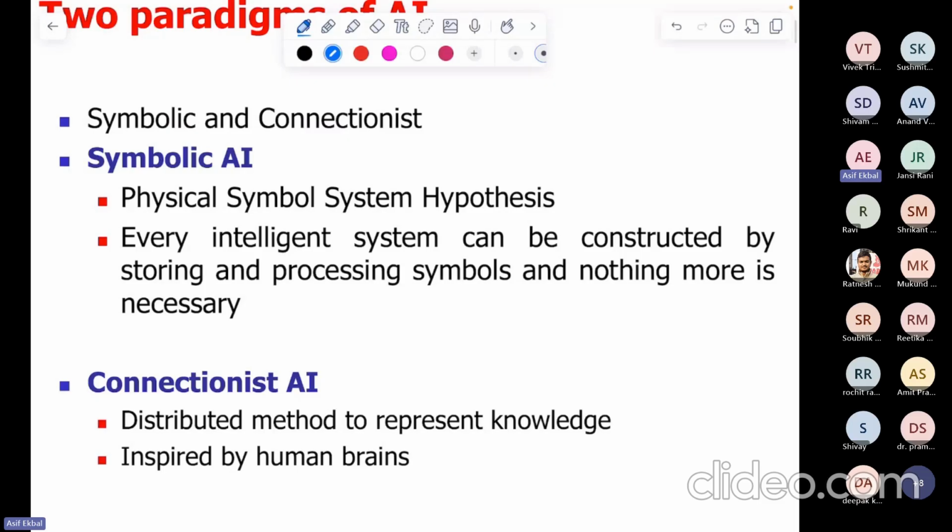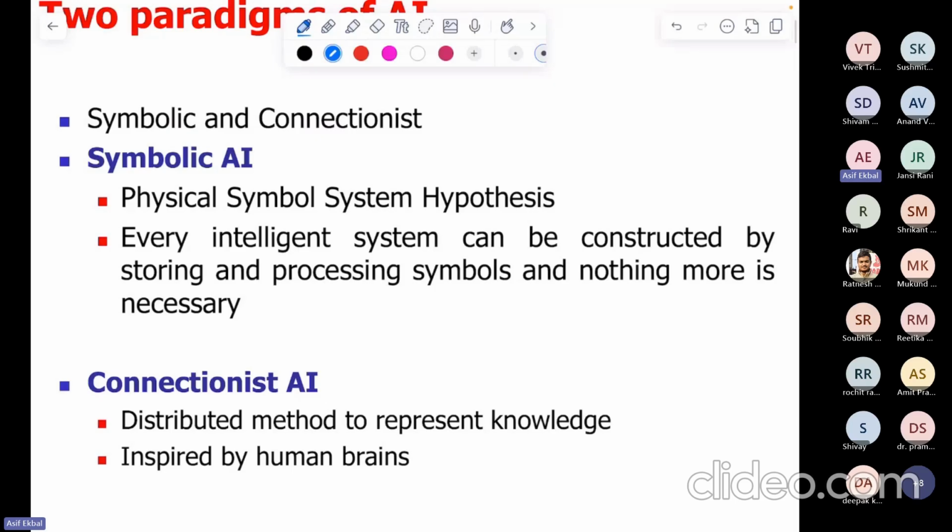The other way, if you see deep learning, neural networks, the modern AI is mostly based on neural networks, mainly machine learning and these days deep learning.